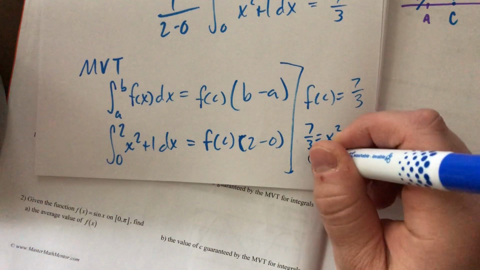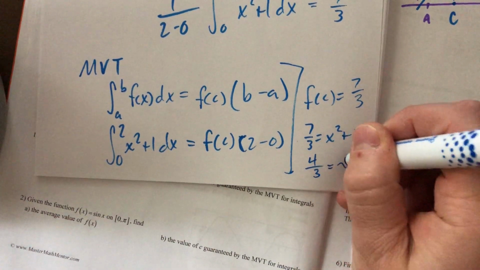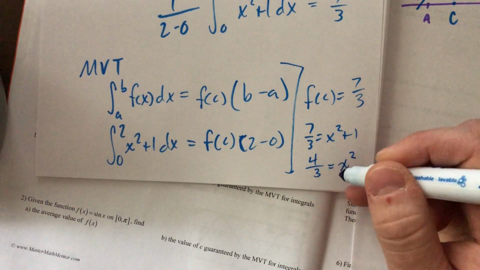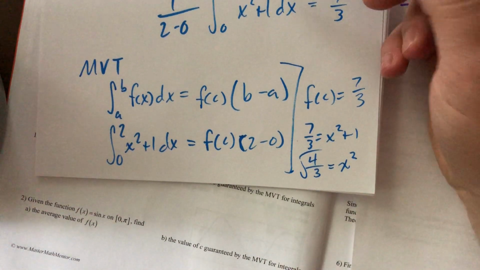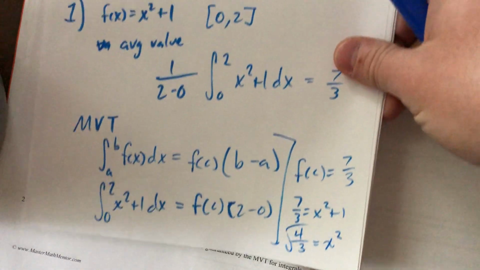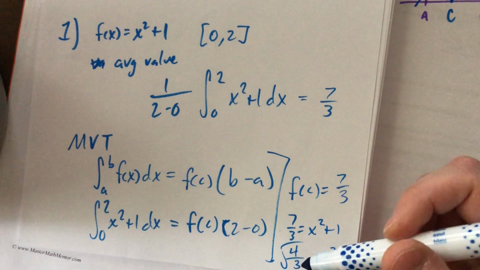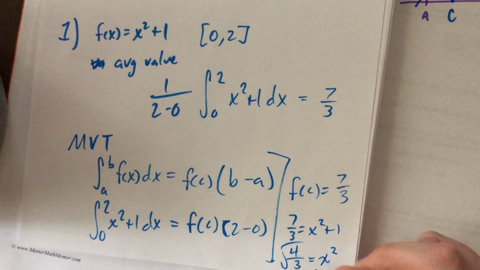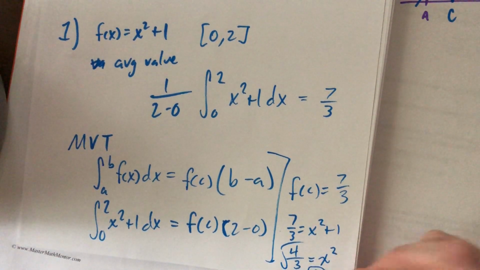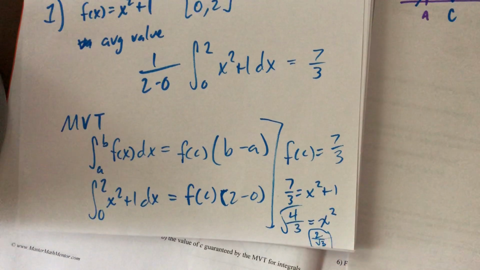So that's 3/3, so it's going to be 4/3 left. And then we take the square root. And it's got to be on 0 to 2, right? So it could be the positive or negative square root, but since we're on 0 to 2, we know it's the positive square root. So 2 over root 3 is going to be our x value that makes this work. So that's going to be our c value.